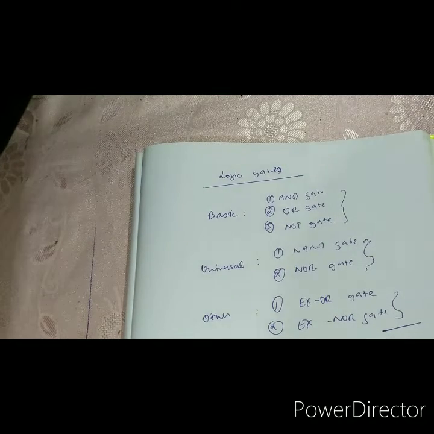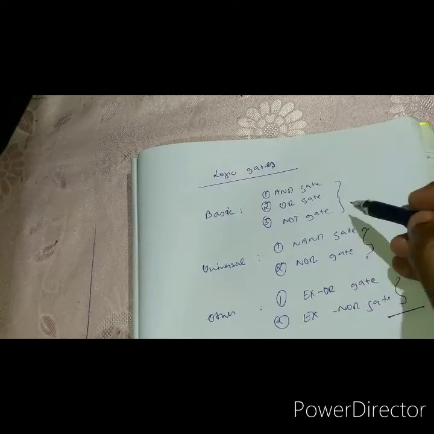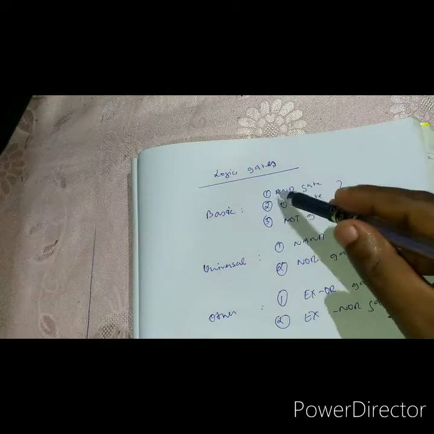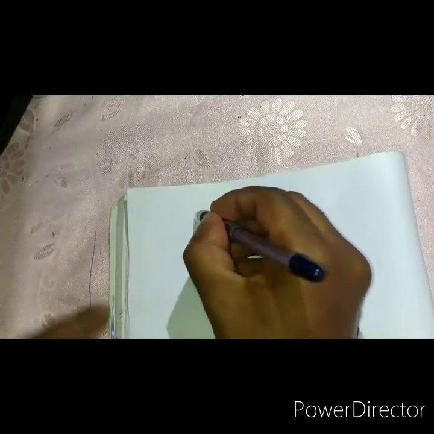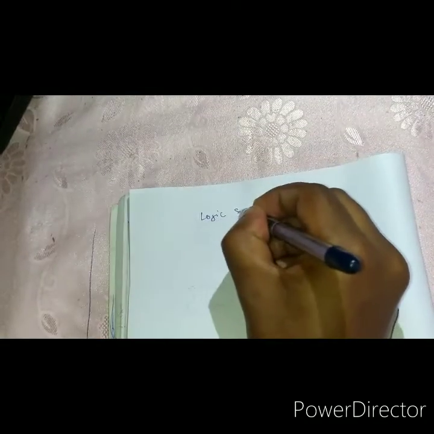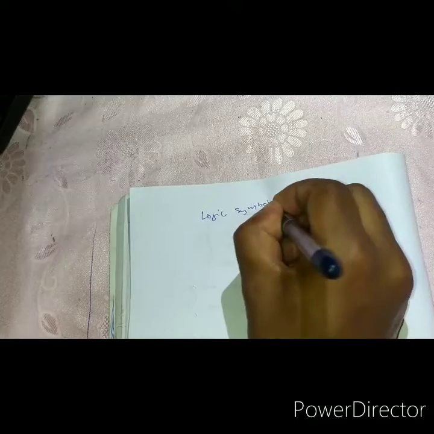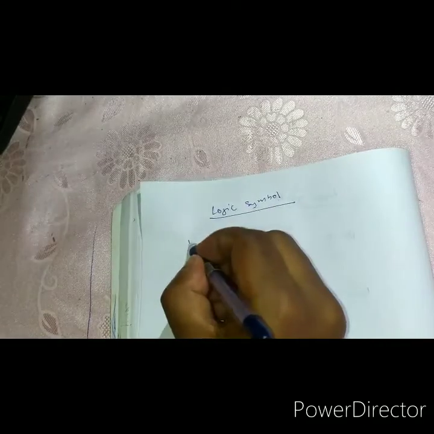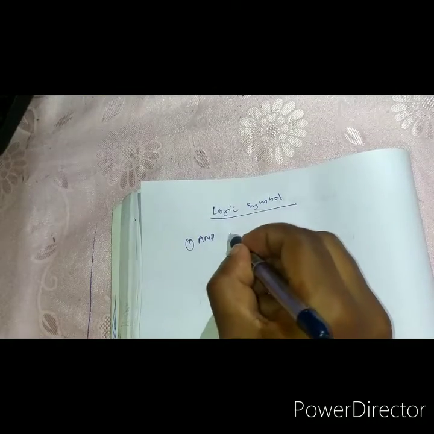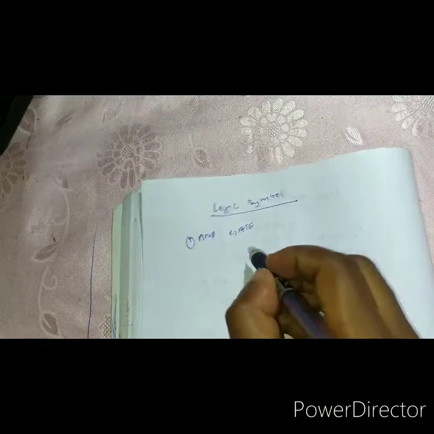Now let us see the logic symbols for all these gates. Logic symbol for number 1, AND gate.